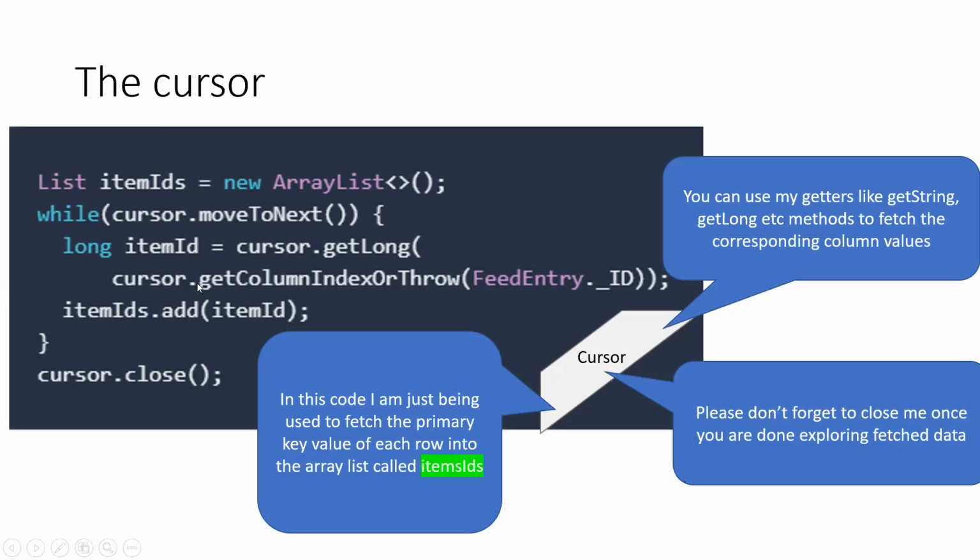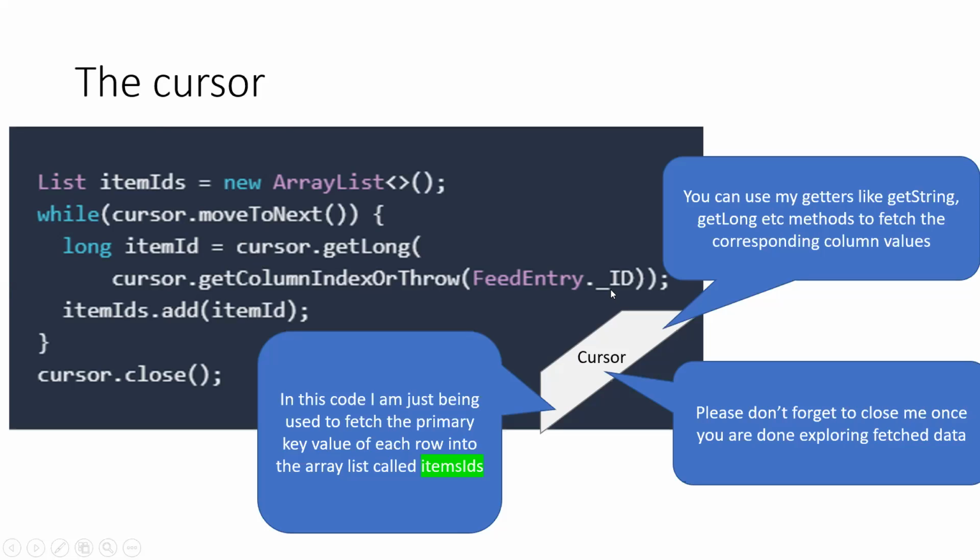Over here you have used the move to next method of a cursor. You have the data inside the cursor, and as the while loop starts, it will point to the first item of the row, which is your underscore ID, your primary key.